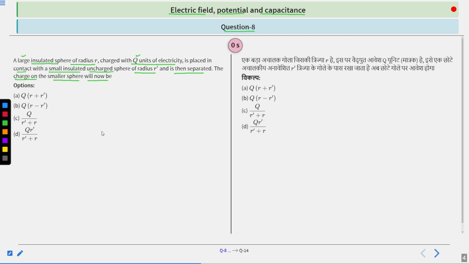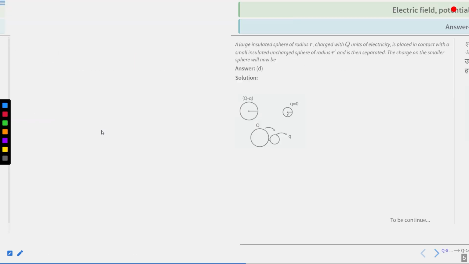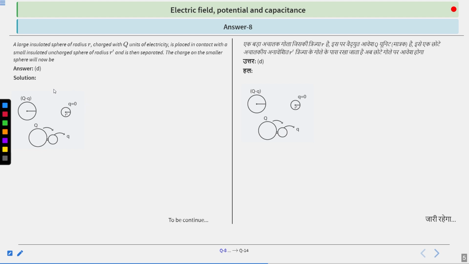Let's find the solution. In this question, suppose this is an insulated sphere of radius r, and its charge is q.